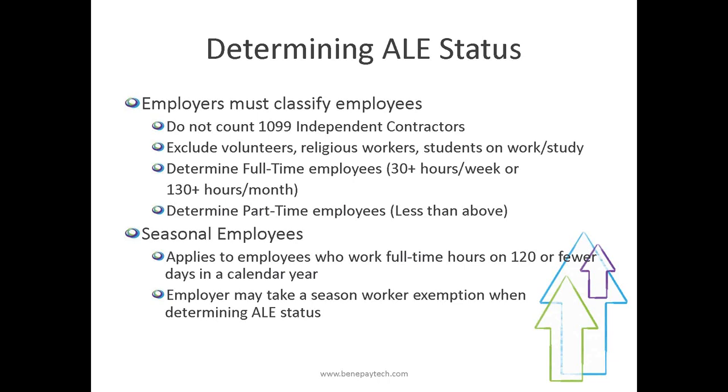And you'll also need to identify your part-time employees, or employees that work less than 30 hours on average per week. Now, seasonal employees are employees that work full-time hours on 120 or fewer days in a calendar year. Seasonal employees are not included when determining your ALE status.